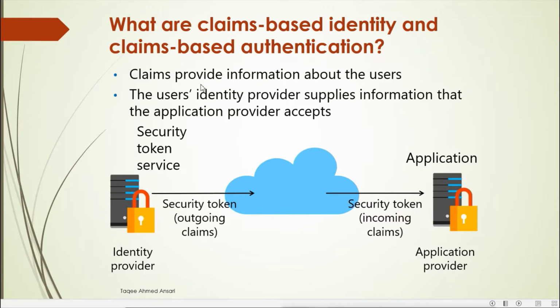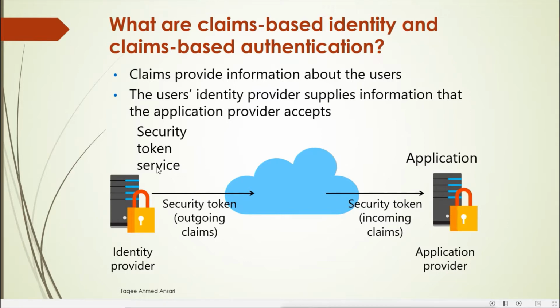The user says that I am this user, and the user's identity provider supplies the information that the application provider accepts. The identity provider is our identity federation server that will identify the user and provide the information to the application server or application provider to provide the application which that user wants.